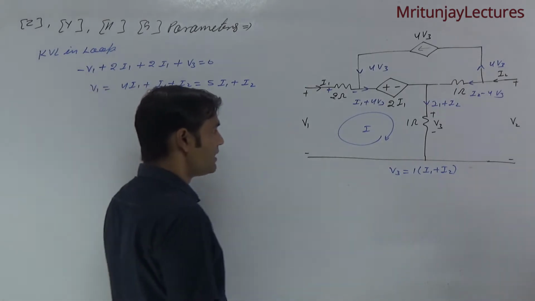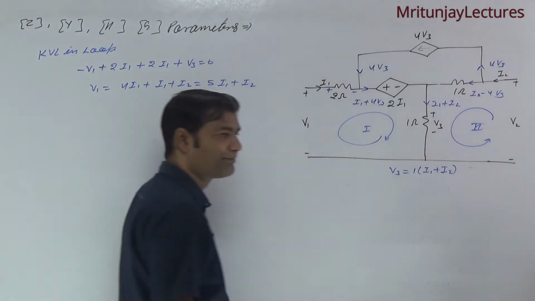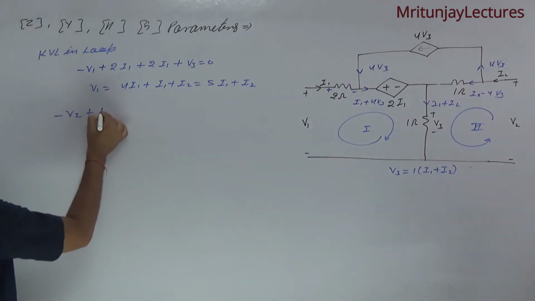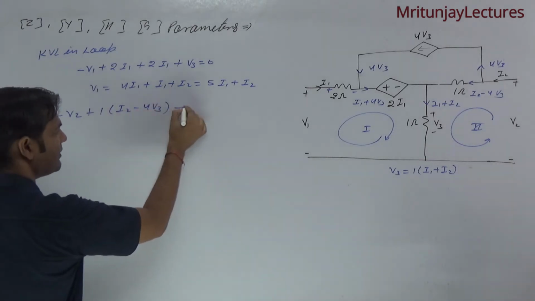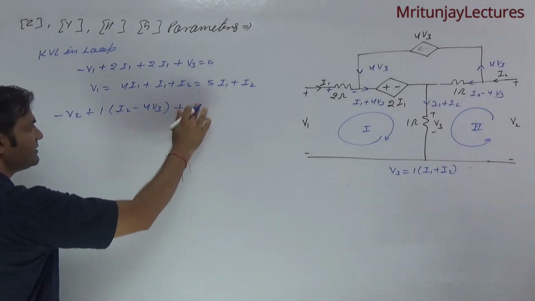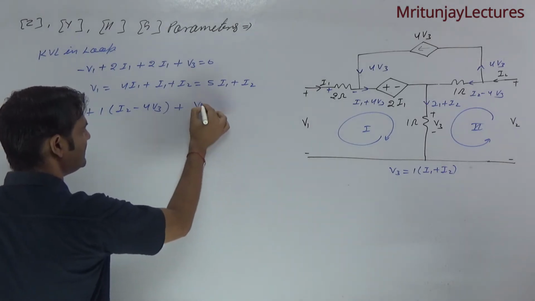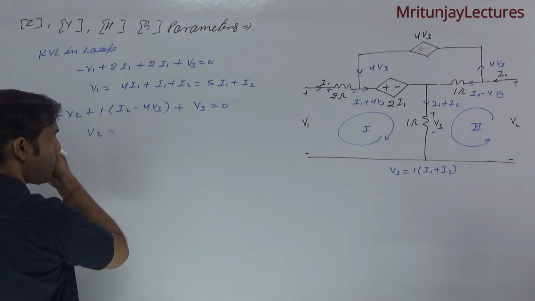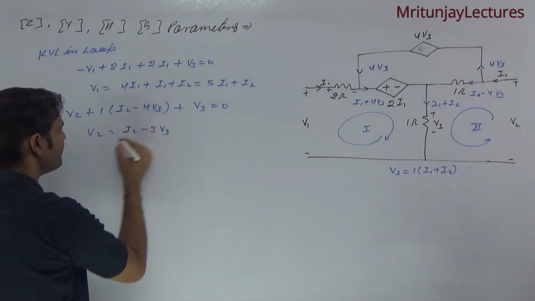Now apply KVL in loop 2. Minus V2 plus 1 into I2 minus 4V3 plus V3, where V3 means I1 plus I2, equal to 0. So V2 is equal to I2 minus 3V3.